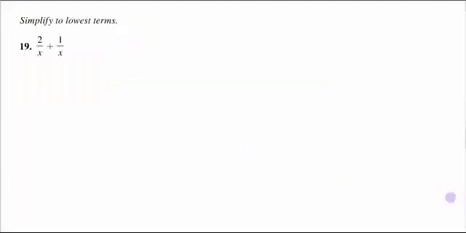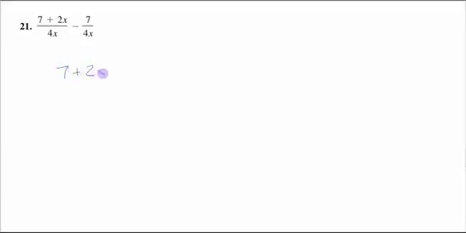So when I'm adding these, I will add the numerators and keep the denominator the same. So I have 3 over x, and that is simplified to lowest terms. Here I have a denominator 4x for both of them, so I simply subtract that second numerator, and it's all over 4x.